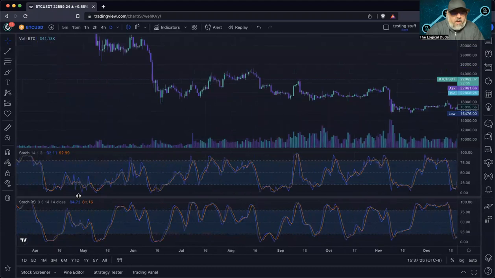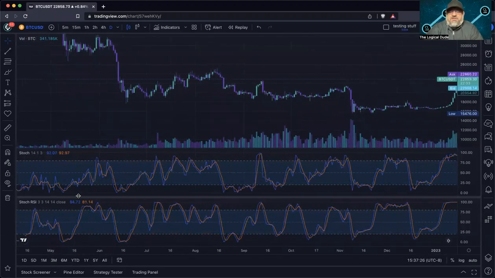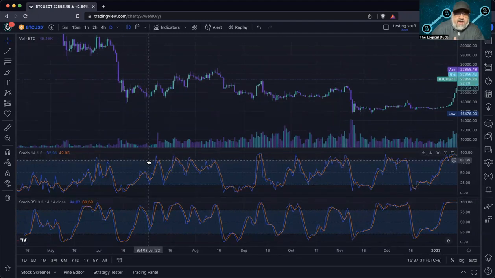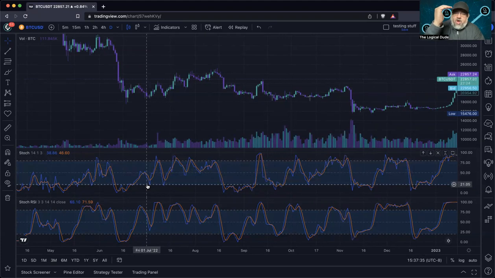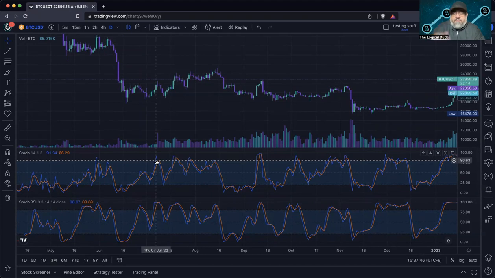All right. Well, the way this works is very similar to the way that the RSI works, in the fact that you have the 80 line and the 20 line, which are your overbought and your oversold levels. If the stochastic crosses over this 80 line, it's considered to be overbought, and you might be looking for a market reversal at this point.